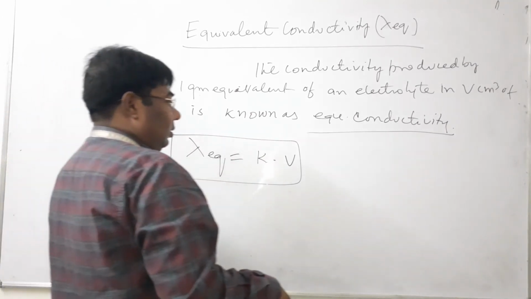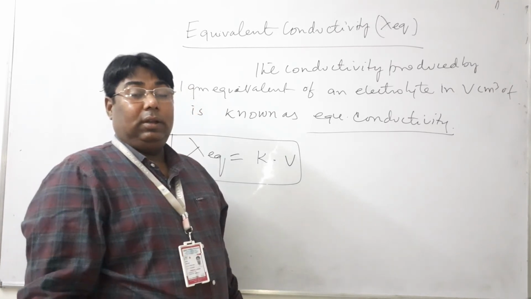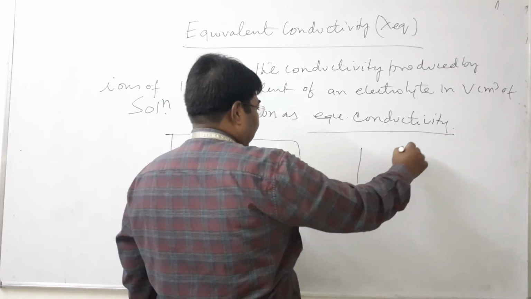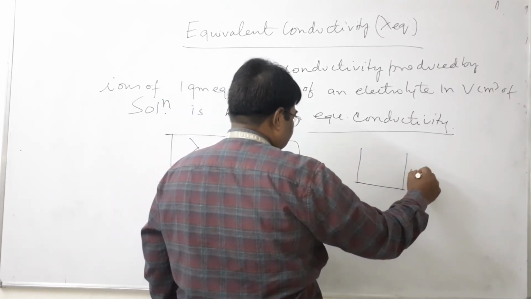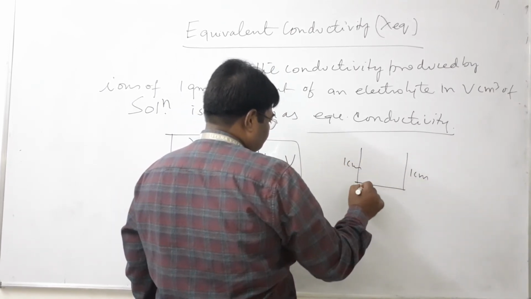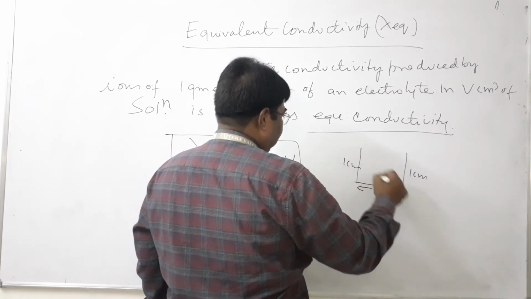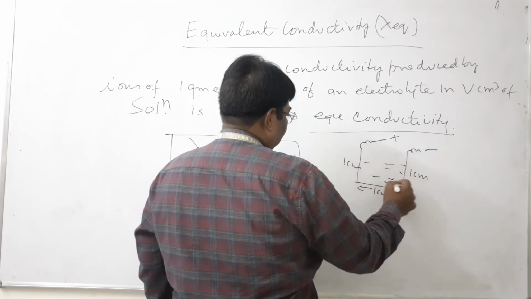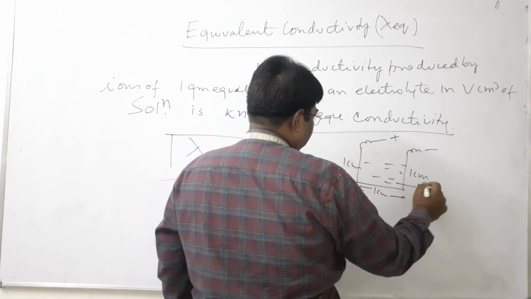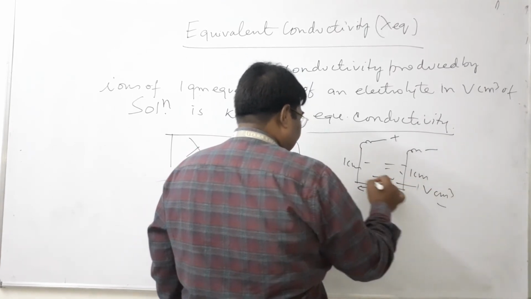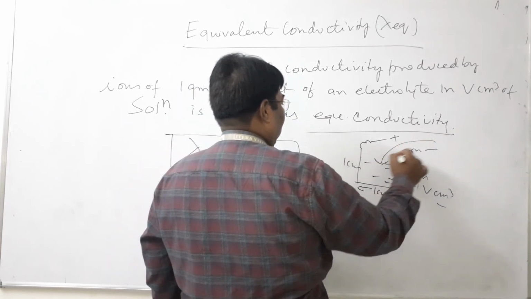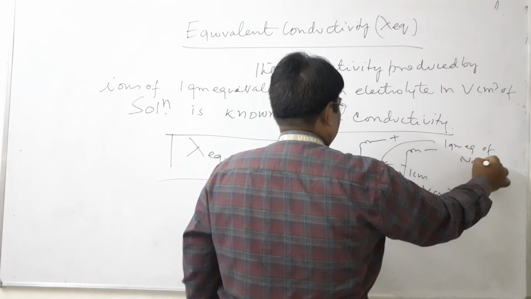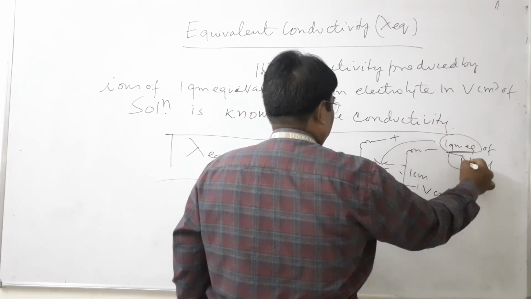Actually, how would you find the equivalent conductivity? You take a cell of height 1 centimeter and separation also 1 centimeter, connected with positive and negative terminals, and then we keep V centimeter cube of solution in it, in which we add, suppose, 1 gram equivalent of NaCl.